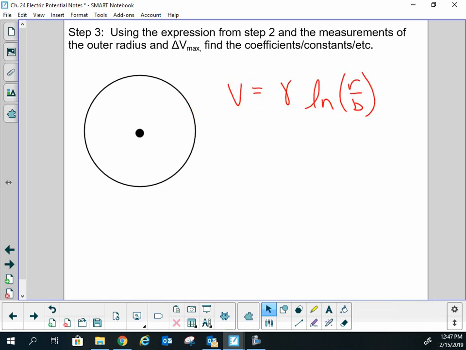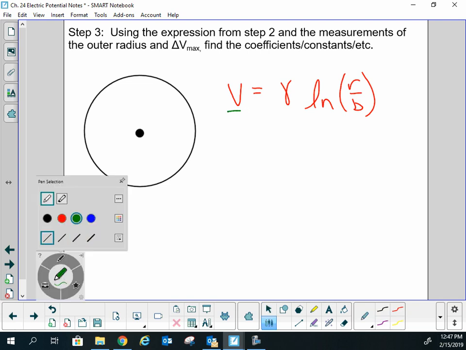Okay. So our next step is going to use the expression and the measurements of the outer radius and the inner radius and Dmax to find that coefficient. Essentially, we are going to put in the value for our maximum potential difference.